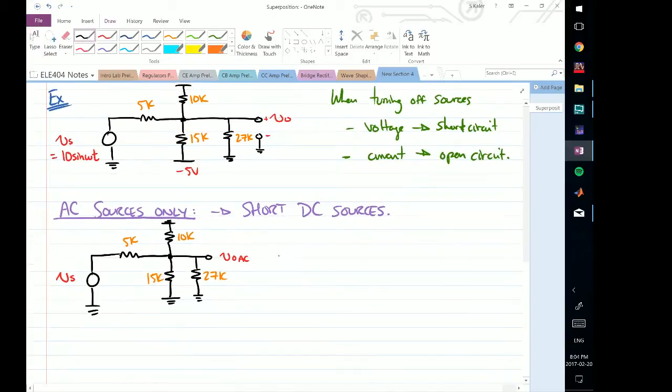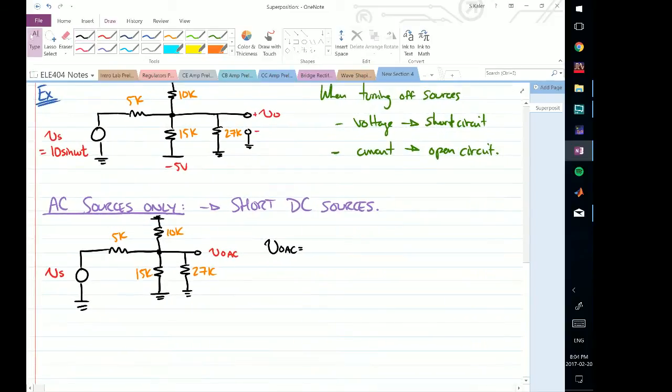And so what is VOAC actually going to be? If I think about it, all three of these resistors are actually in parallel, and that parallel combination of these three resistors is in series with this one. So essentially I have a voltage divider here.